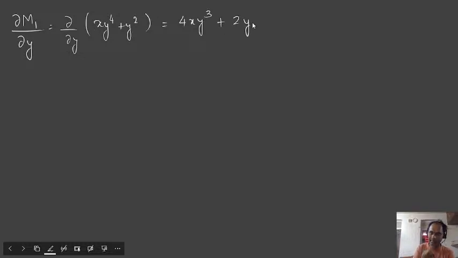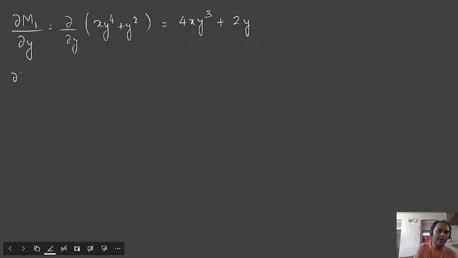So dou M1 by dou y. Let us do the derivative of this with y. We had here x y raised to 4 plus y square, so 4xy cube plus 2y.